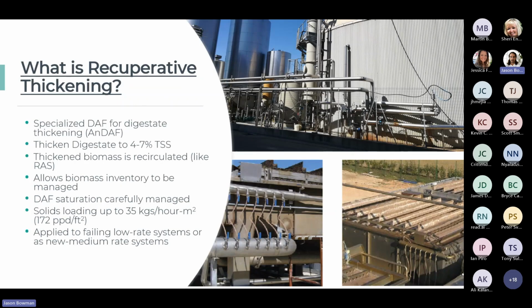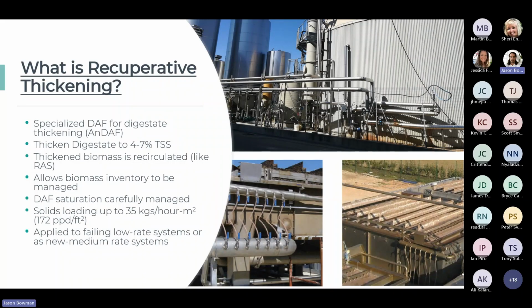So now we can really turn our focus to the recuperative thickening. This is the reason most of you are here today. So what is it exactly? The best way to explain recuperative thickening is that it's like a modified activated sludge process that's built specifically for digester and digestate strengths.